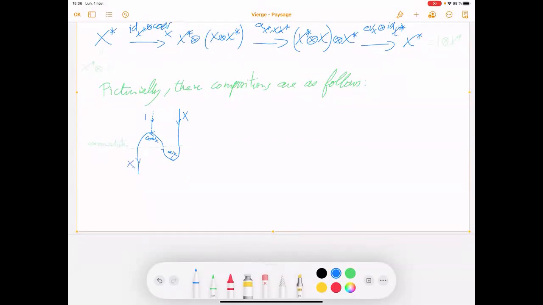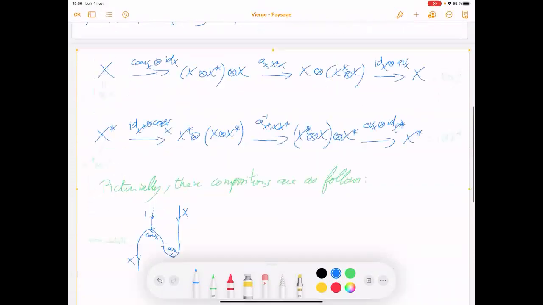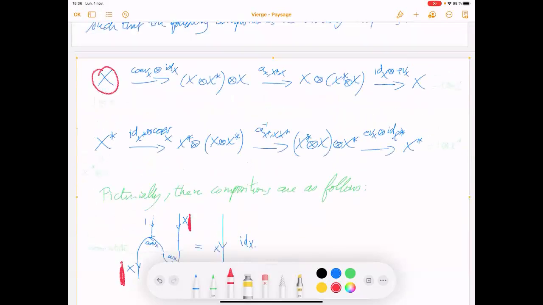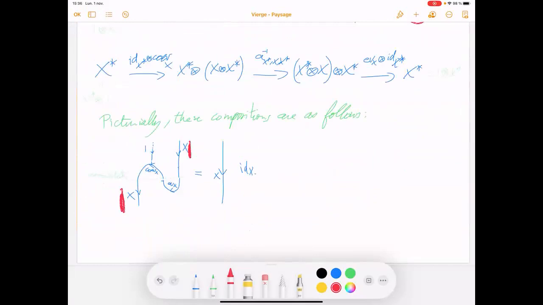Okay, x here. And so what is this first axiom saying? This is saying that this is nothing but only the identity. So this is identity of x. So you start from x here, and you go to x here, and this should be identity. So identity, draw like that, just only one line.